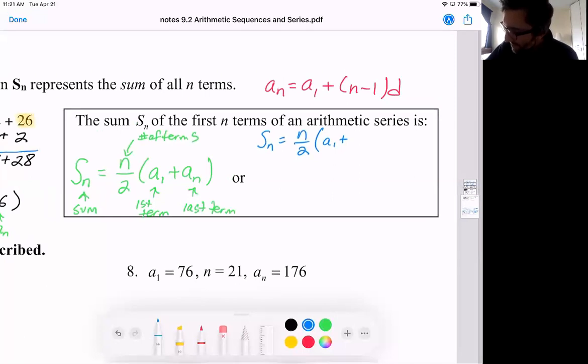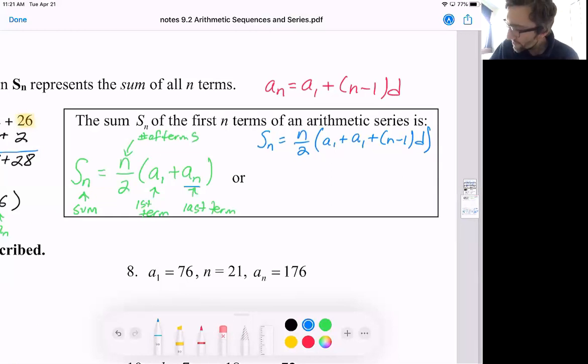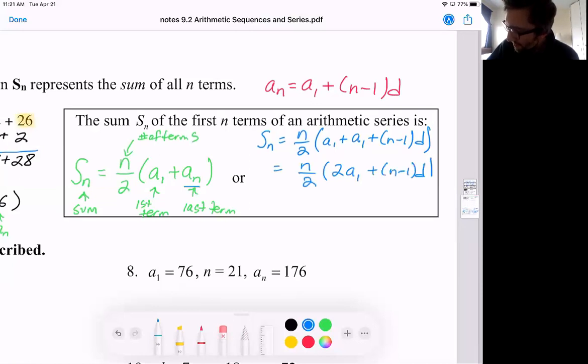So if we take the a sub n out that we had right here, put this formula, a sub 1 plus n minus 1 times d. Now we have a formula where we don't need the last term, but we do need to know the difference between the terms. So our sum would be n over 2, 2 times the first term plus n minus 1 times d. So that's a second formula.